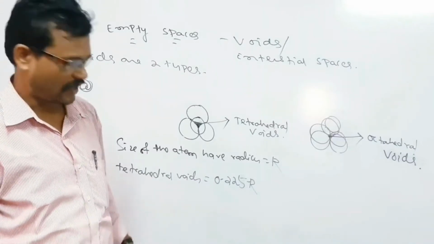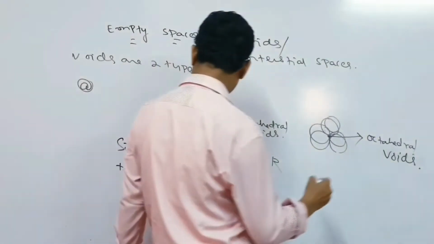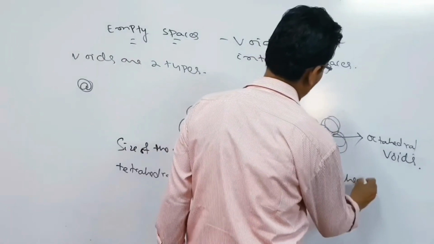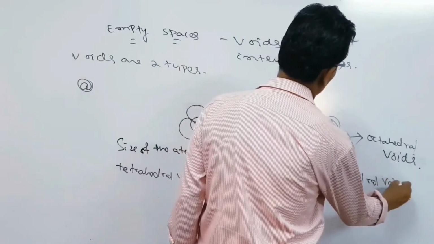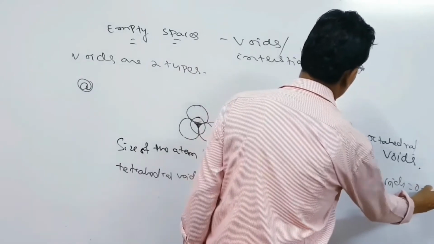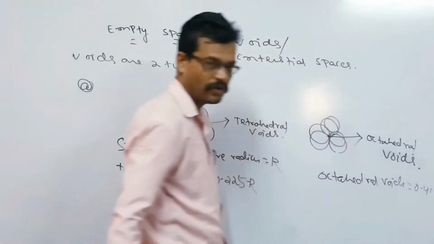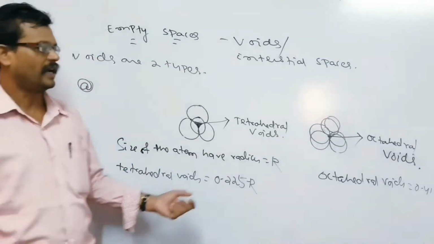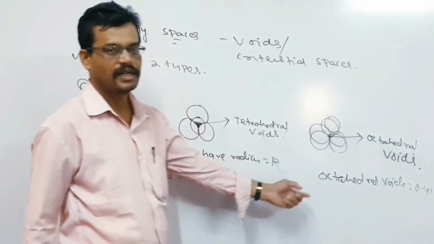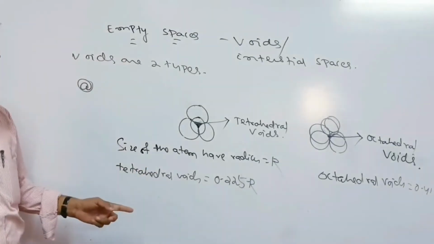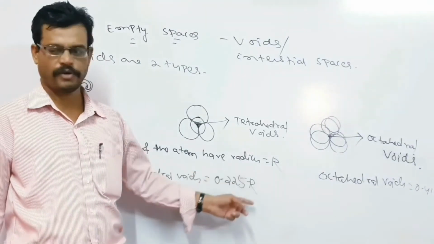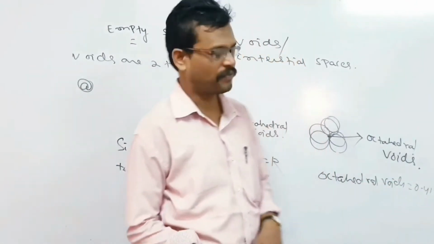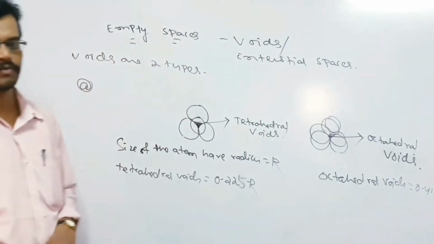Similarly, whenever we put the octahedral voids, the size of the octahedral voids is found to be 0.414 r. Okay. So if you compare the size of tetrahedral voids and octahedral voids, the tetrahedral voids are 0.225 r, and the octahedral voids are 0.414 r.